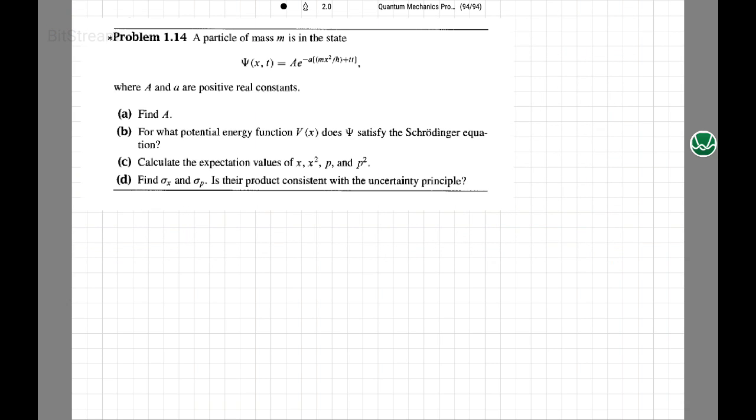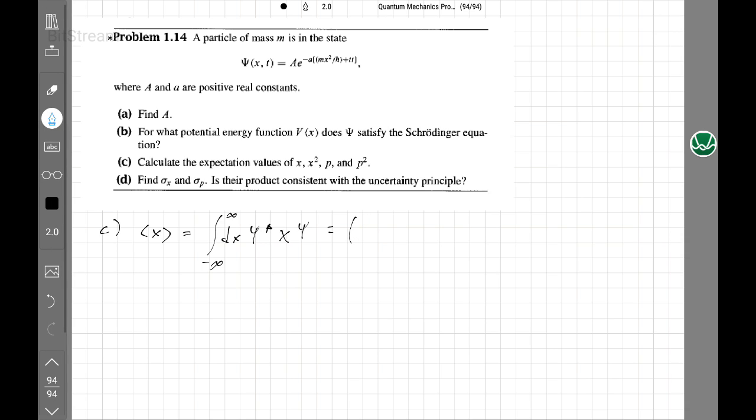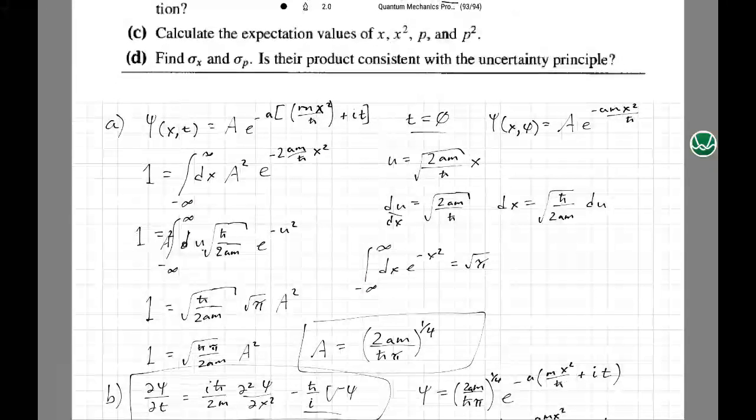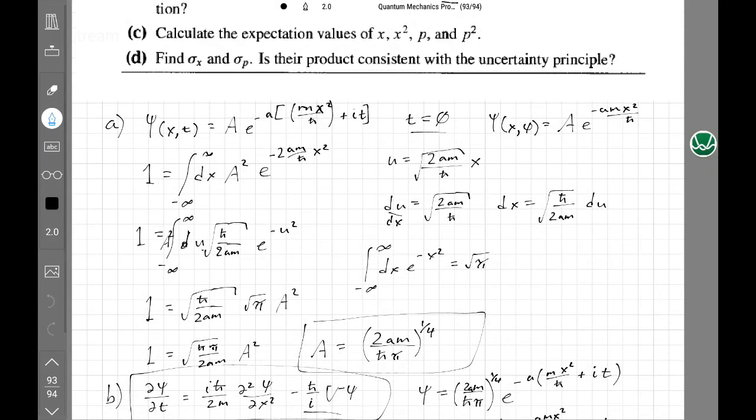So for C, let's start with calculating X. This one is fairly trivial. Our expectation value is going to be over all space dx psi complex conjugate x psi. In our case, we're going to get that A factor out in front. I already forgot what it was. 2am over h bar pi.